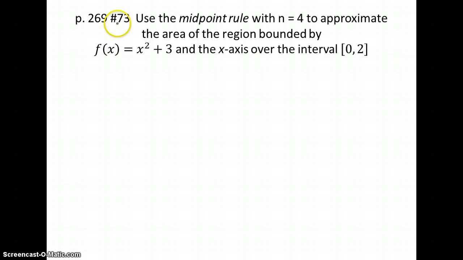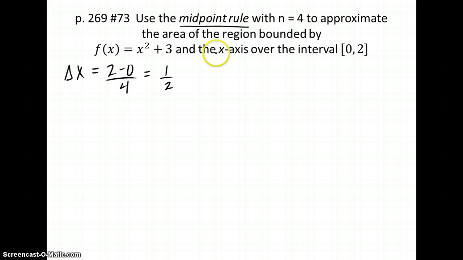Okay, page 269, number 73. Use the midpoint rule with n equal to 4 to approximate the area of the region bounded by this function, the x-axis, over the interval from 0 to 2. Delta x is determined the same way, b minus a over n. So the width of each interval is going to be half a unit.